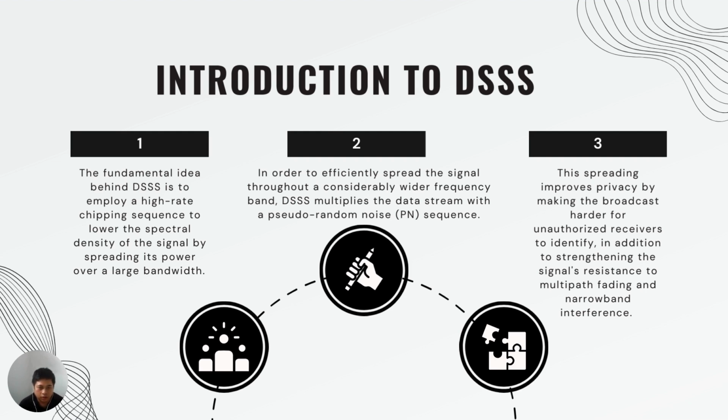Then, in order to effectively spread the signal throughout a considerably wider frequency band, DSSS multiplies the data stream with a pseudo-random noise (PN) sequence. This spreading improves privacy by making the broadcast harder for unauthorized receivers to identify, in addition to strengthening the signal's resistance to multipath, fading, and narrowband interference.